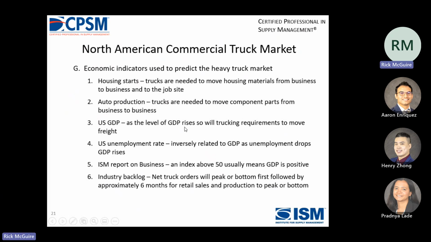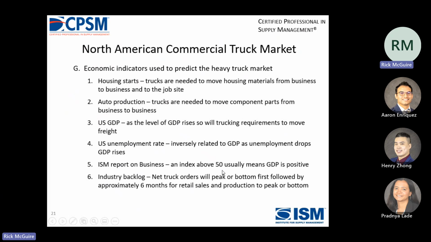GDP level indirectly, when GDP rises, so will transportation requirements. Unemployment rate is inversely related to GDP. So when you've got a rising gross domestic product, you're making more and more stuff, your unemployment rate's dropping.